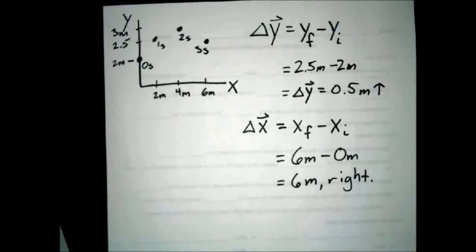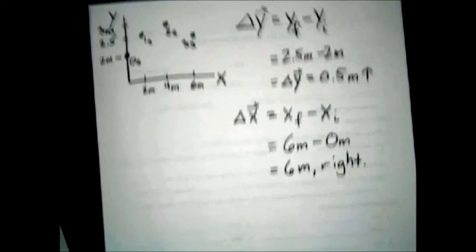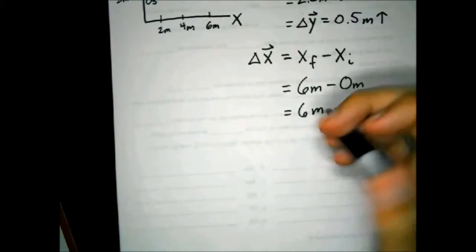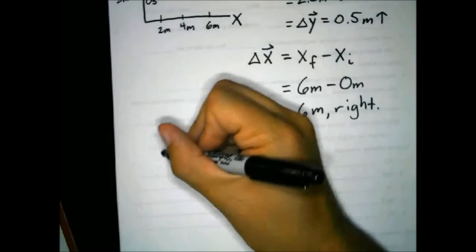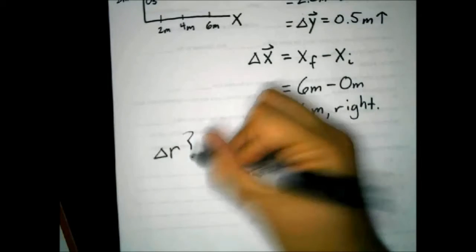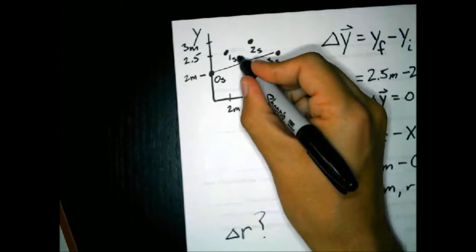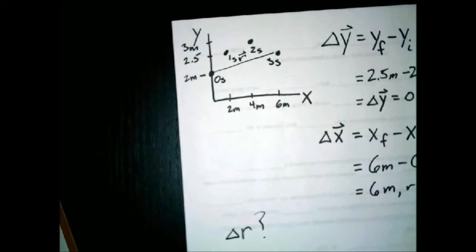Now I can use trig, which is something you need to be heavily familiar with when you're in this class. I can use trig to figure out the total displacement. So I want to find my delta R. Well, go back to my diagram. This is why diagrams are so important. This is my R. That's my displacement vector that I'm actually looking for.